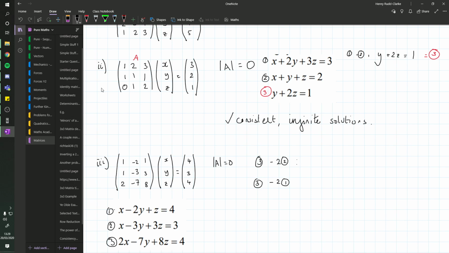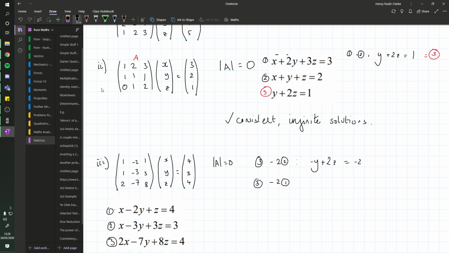So 3 minus 2 lots of 2. 2x minus 2x is nothing, minus 7y take away minus 3 times 2y is actually minus 1y, and then 8 minus 2 times 3 is 2z, and that is going to be 4 minus 2 times 3, which is minus 2. 3 minus 2 times 1, so again the x's go to 0.